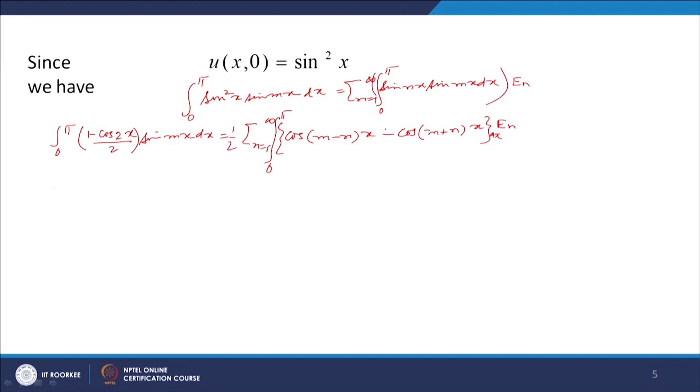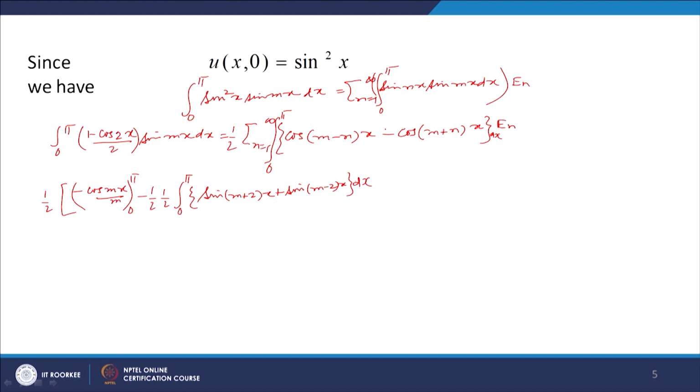So, on the left we will have 1 by 2 the integral of sin(mx), which will be minus cos(mx) divided by m, from 0 to π, and then we have minus 1 by 2 sin(mx) into cos 2x. So, again 1 by 2 integral from 0 to π, we have 2 sin(mx) cos 2x, so we have sin((m plus 2)x) plus sin((m minus 2)x) dx.